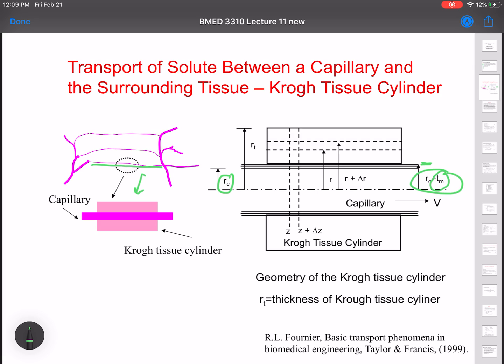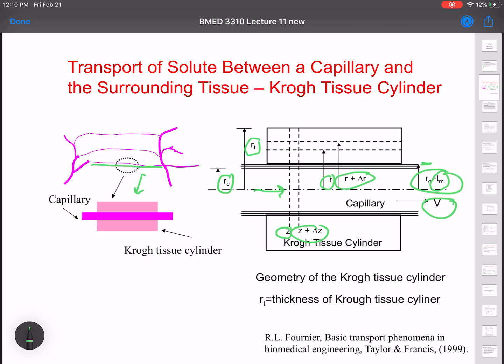The blood is flowing at a velocity capital V. And the radius of the entire package, including the tissue and the capillary, is r sub T. Z is our axial distance, so z and z plus delta z. And then, of course, r is the radial distance. So we're going to be looking in both directions, the axial and the radial.